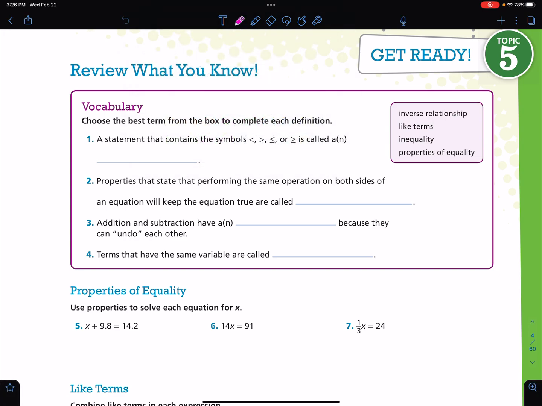A statement that contains these symbols is called an inequality. Properties that state that performing the same operation on both sides of an equation will keep the equation true are called properties of equality.